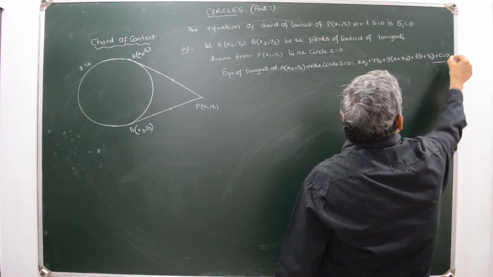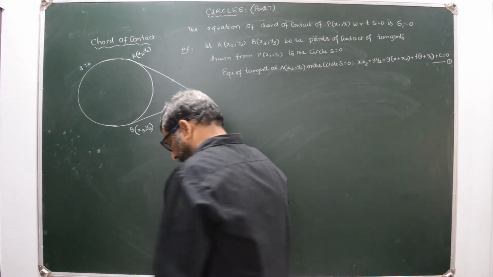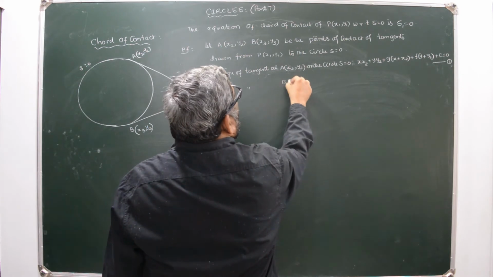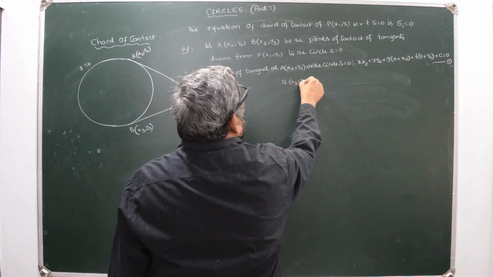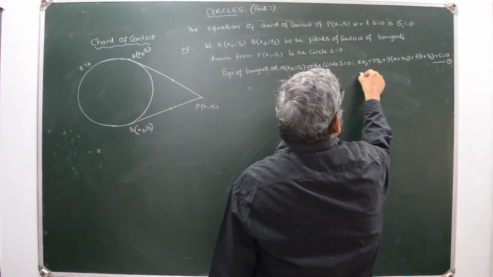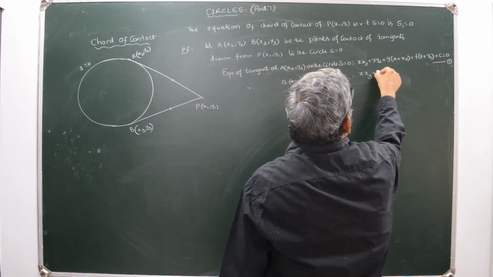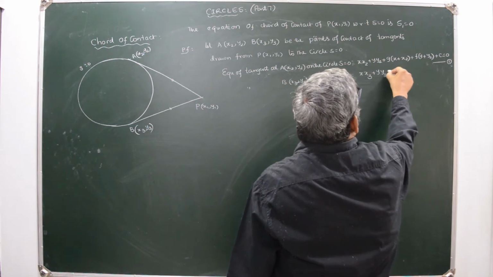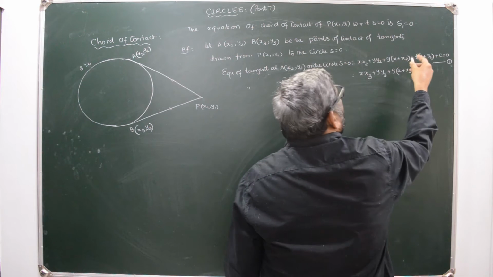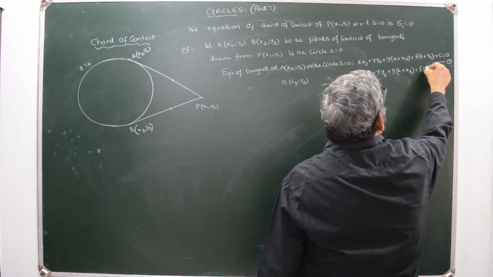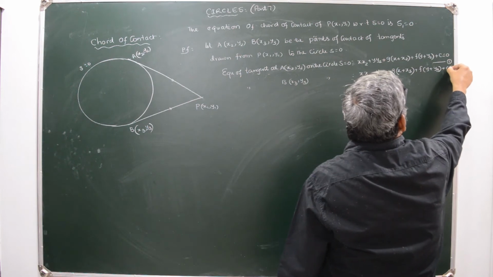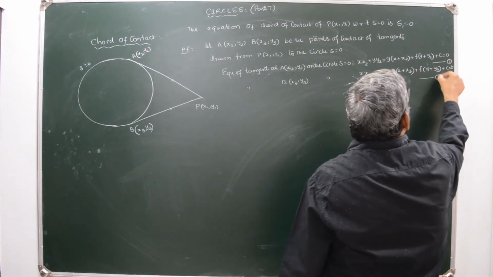You can call this 1. Similarly, the equation of the tangent at B(x3, y3) on the circle S = 0 is x x3 + y y3 + g(x + x3) + f(y + y3) + c = 0. You can call this 2.